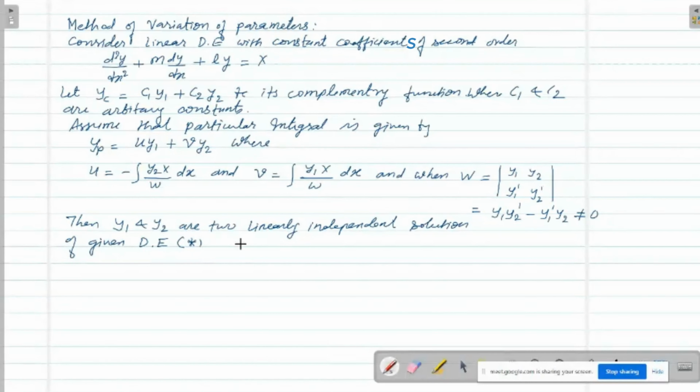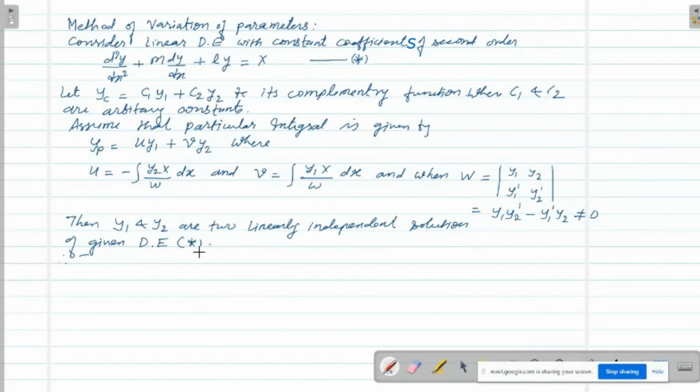Okay, this is the differential equation named as star. Therefore the complete solution is given by, therefore then y1 and y2 are two linearly independent solutions of the given differential equation star.